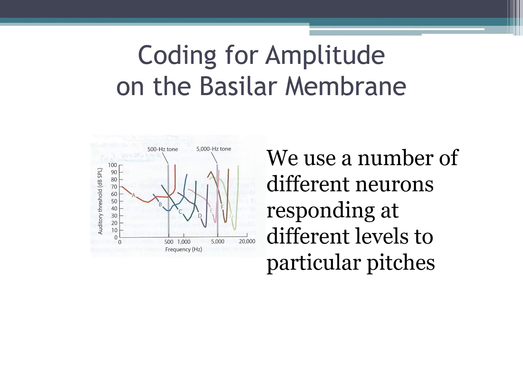Well, it looks like instead we use a number. Remember we have 3,500 inner hair cells per ear, and a number of those neurons respond at different levels to particular pitches, with different thresholds before they fire. So if more and more neurons are firing, that tells us something about amplitude.